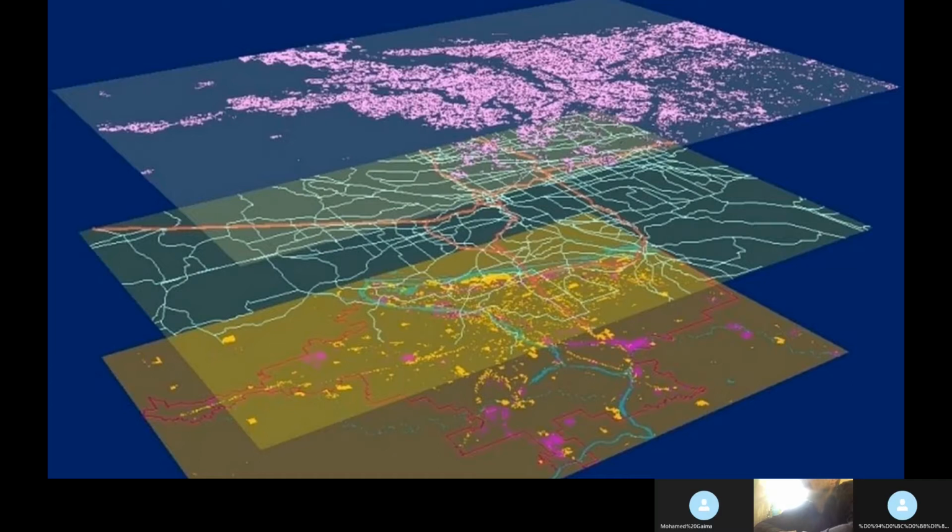Looking at a landscape, you can probably see that all the spatial data is very different. We know that our planet has many features, many processes, many different objects.